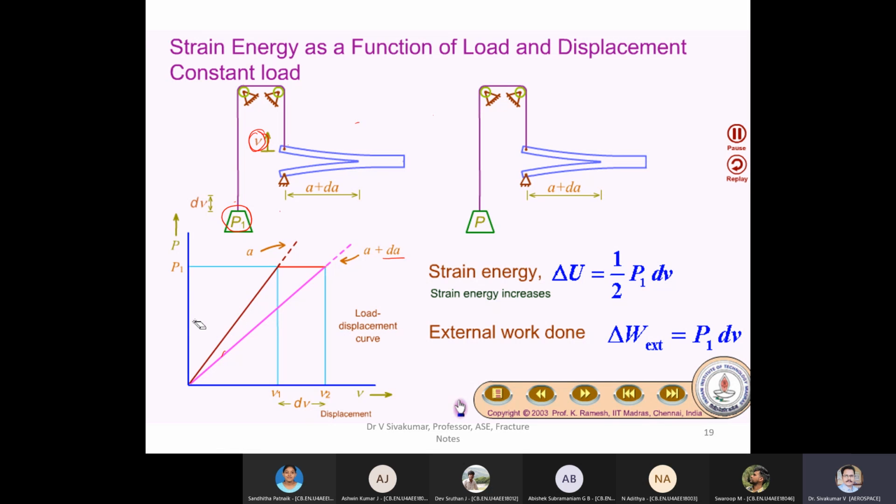For a particular load, if you take both cases, you will get less displacement with crack length A and more displacement with crack length A plus delta A. Are you agreeing with that? Yes, sir. It is very simple, one can easily understand.